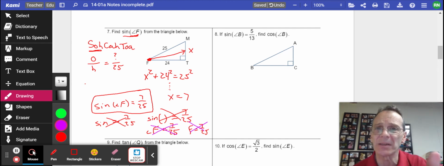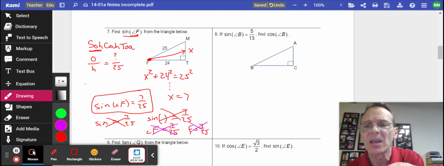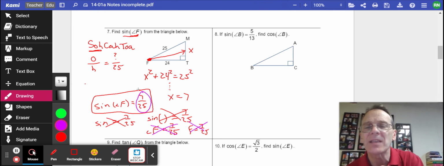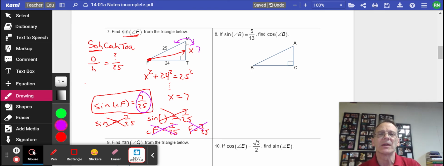It hasn't been given, and we're not finding out either what the number of degrees in angle F is. We came up with this value for the sine of angle F, 7/25. That came from the lengths of the 2 sides in a ratio. We did not find the measure of angle F.